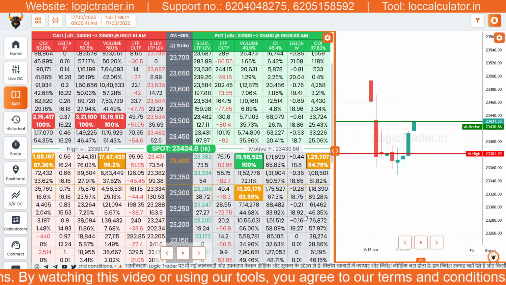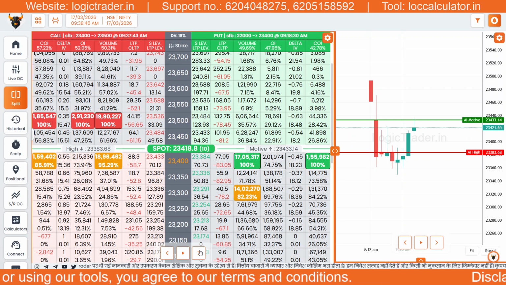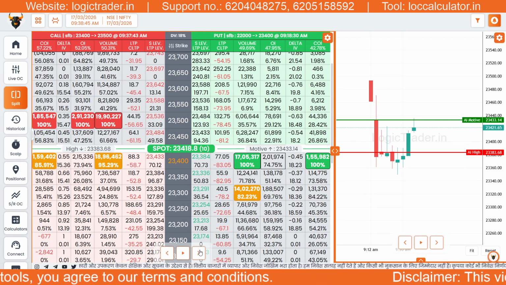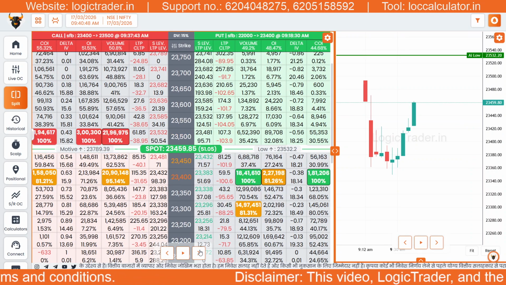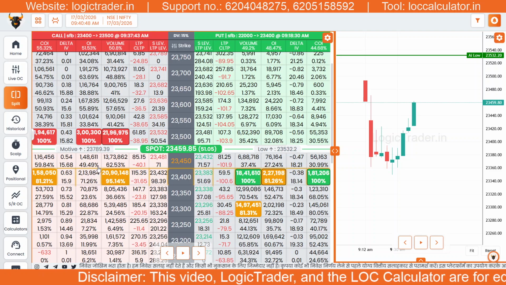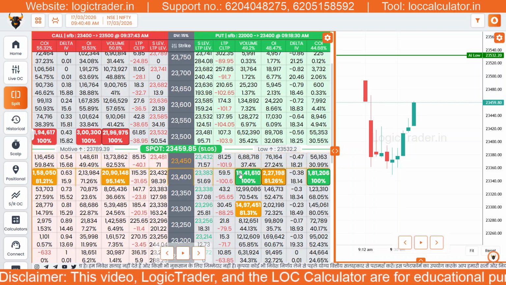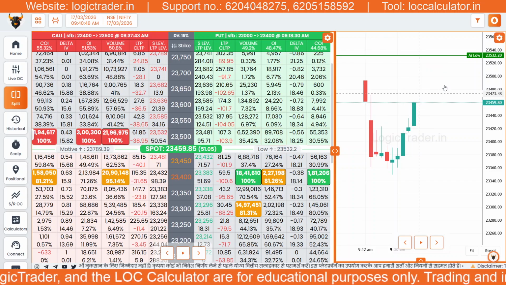Now let's move forward by a couple of minutes and observe the changes as we reach around 9:40. Here we can see that on the call side it shows motive with an upward arrow, and on the put side it shows low with an upward arrow.